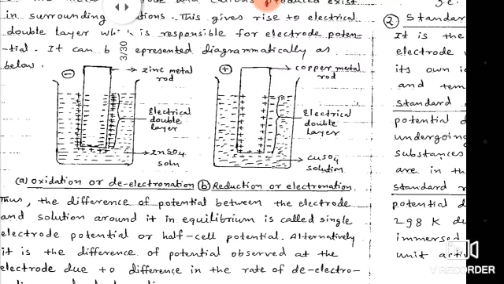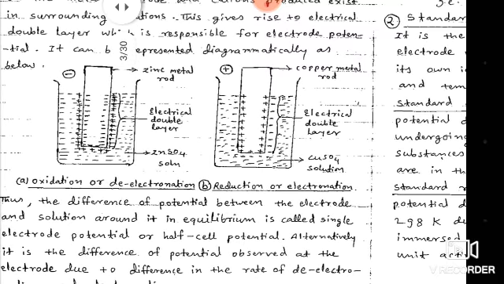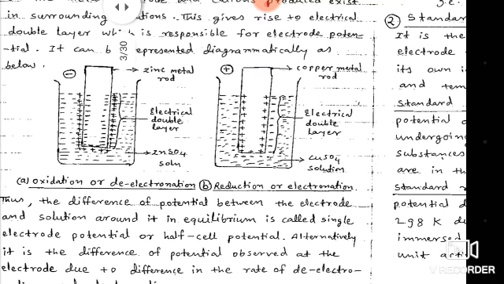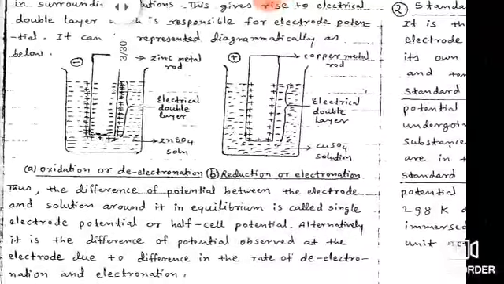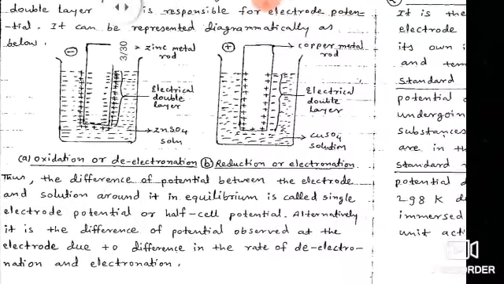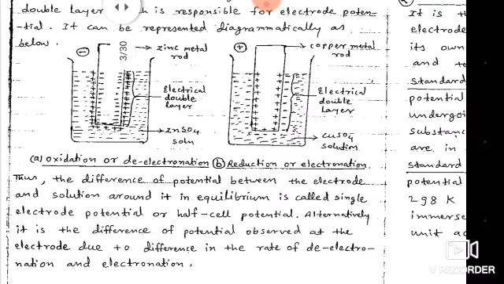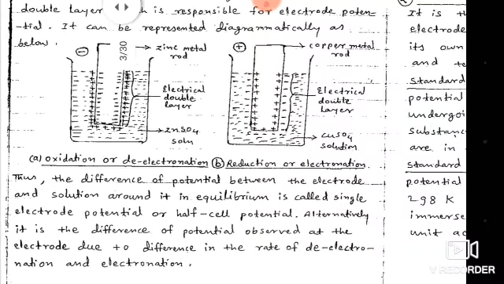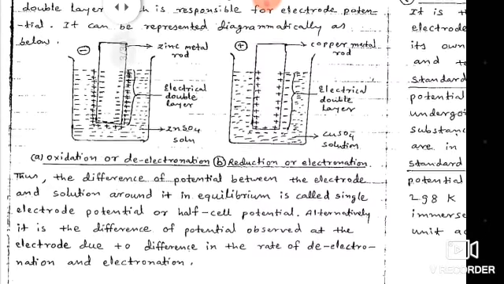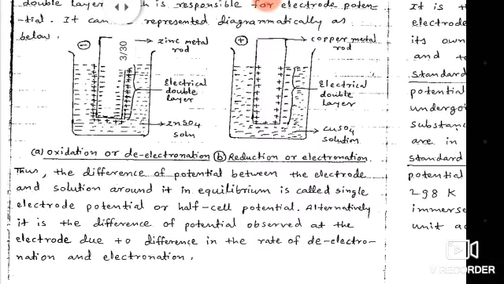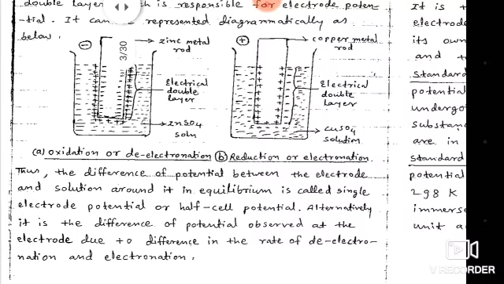In the zinc solution, de-electronation occurs. That is, the electrons are released into the solution, and the positive charge on the electrode comes.